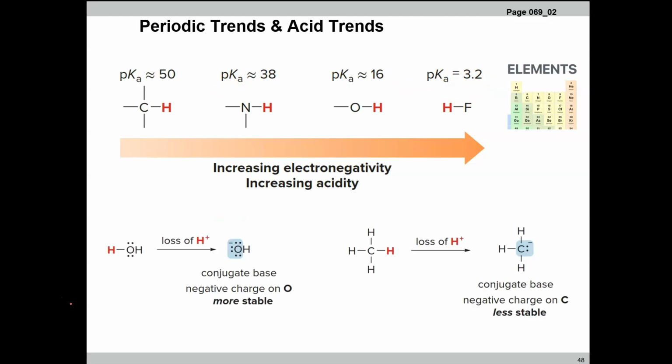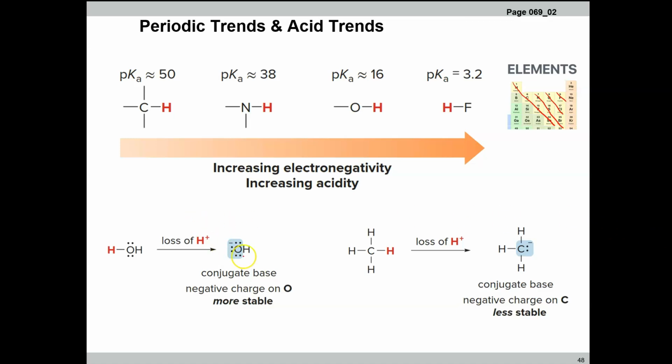We can also think of this in terms of electronegativity, and just as an example, looking at an oxygen compound versus a carbon. If we have a negative charge on our oxygen, which is more electronegative, and remember we always draw the electronegativity out using these diagonal lines to demonstrate that the electronegativity is going to be greater on the oxygen than it is on the carbon.